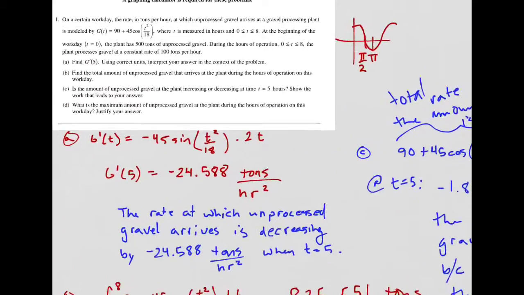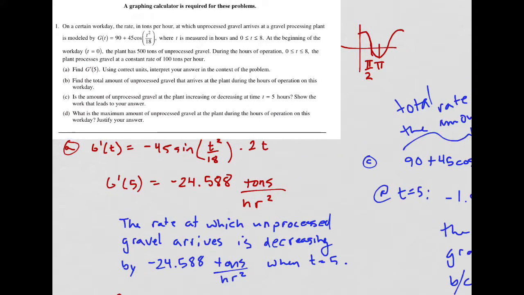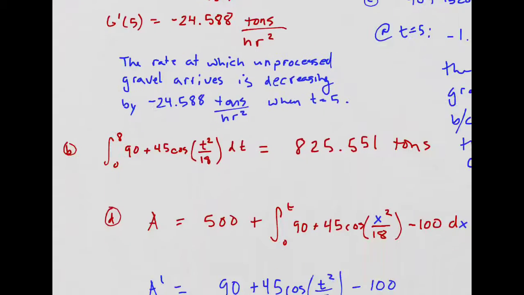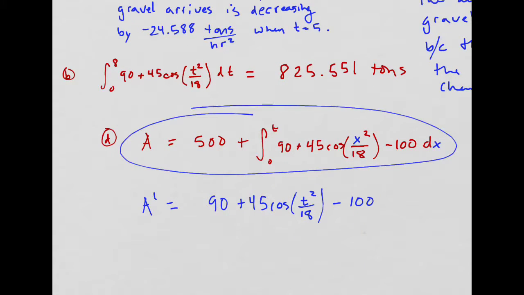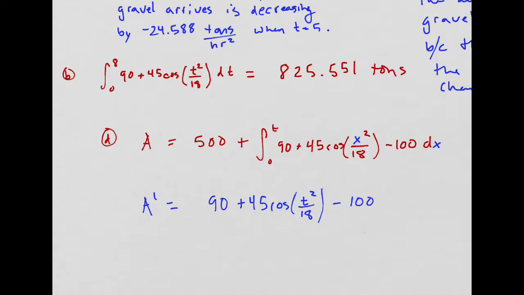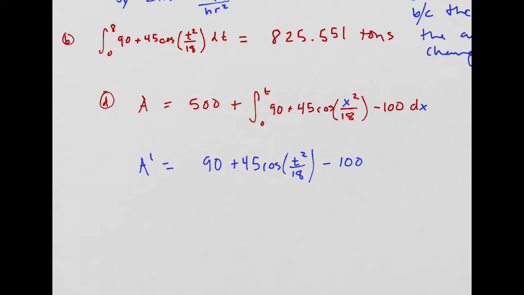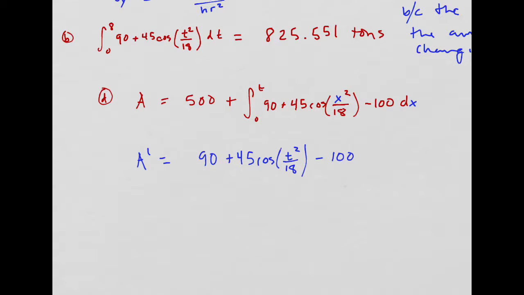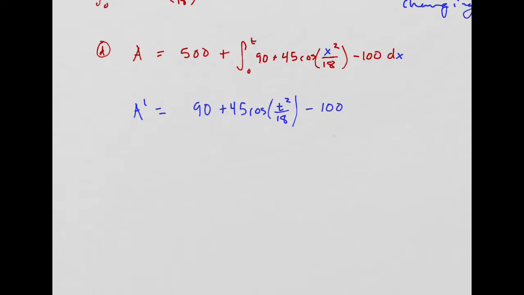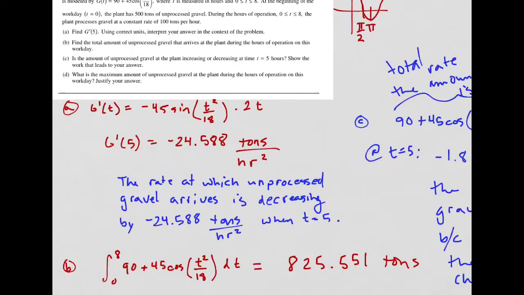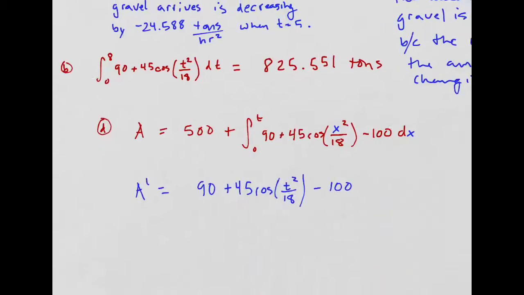We want to set that equal to 0, because to find maximums or minimums, you take the derivative, set it equal to 0, so that you can find the critical points. That's the turning points. And then any critical points that you have, you check the y values. So we'll plug in our critical points to the amount function, and plug in our endpoints as well, and then see which one is the maximum.